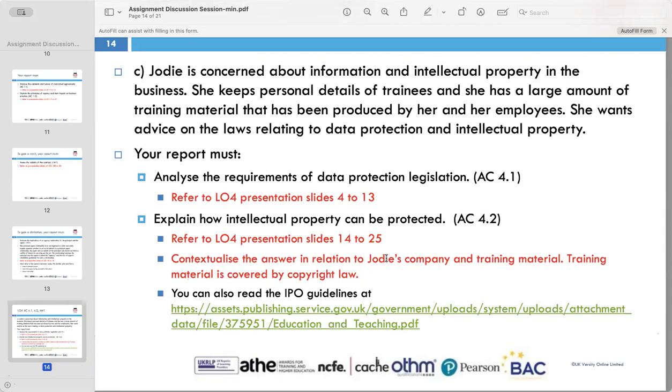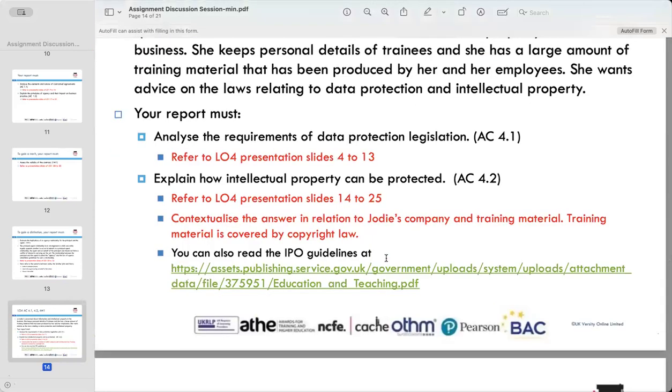This could include specifics about copyright laws that apply to training material. As an additional reference, if you Google it, you can see the IPO, the Intellectual Property Office guidelines, which provide links for further insight into protecting education and teaching material.